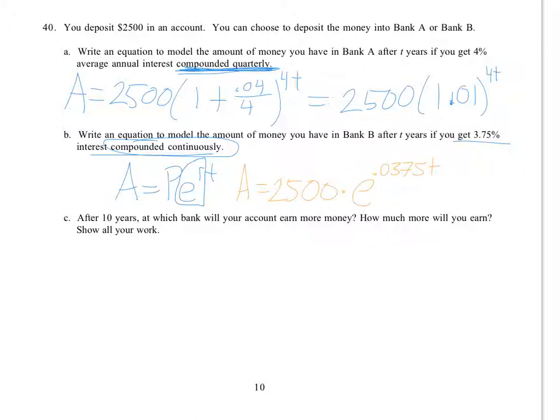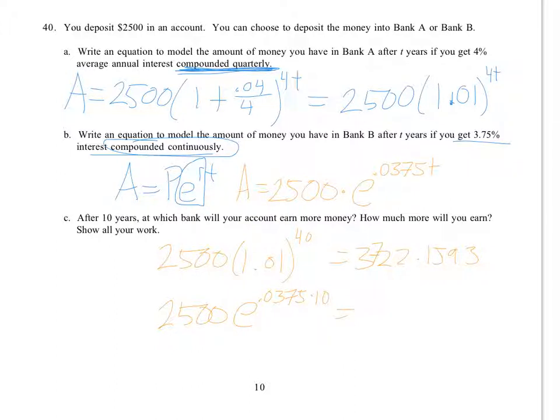After 10 years, which one has more money? Well, I'm going to plug 10 into both of these. So 2,500 times 1.01 to the 4 times t, and then we're going to have 2,500 times e to the 0.0375 times 10. Plugging these in, 2,500 times 1.01 to the 40, we get 3722.1593.